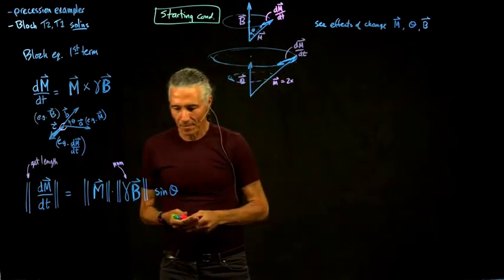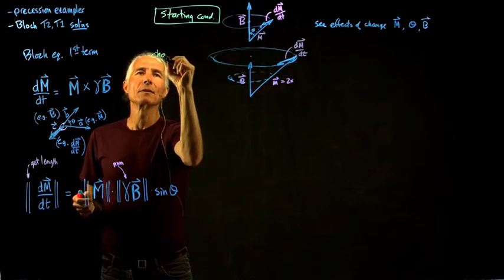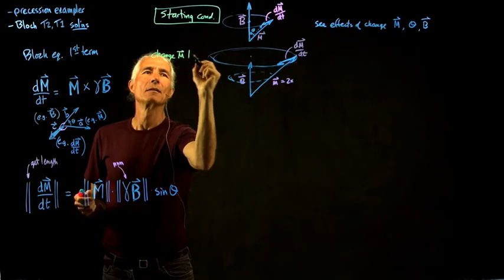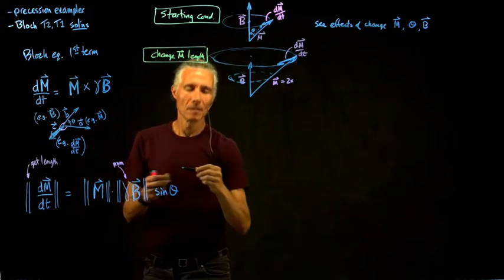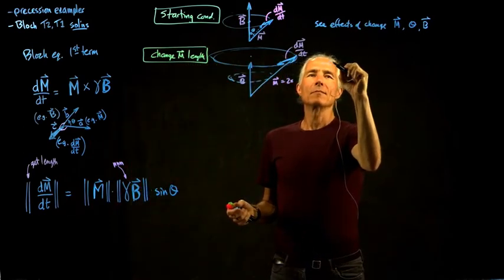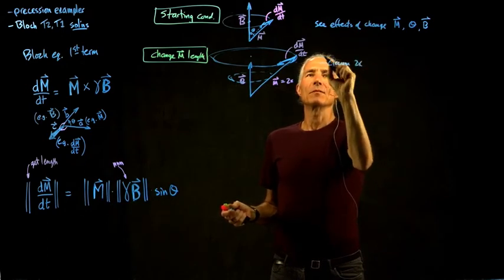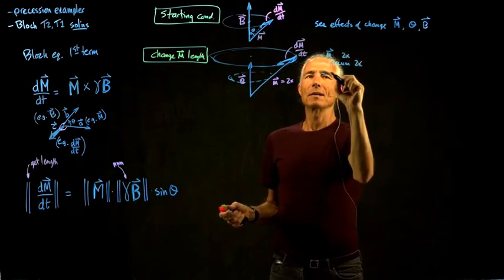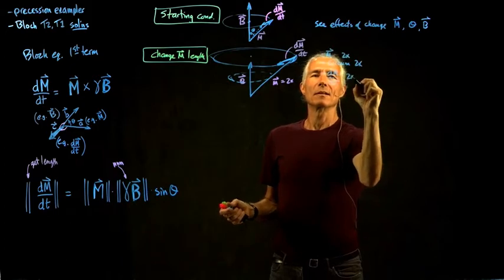So basically when we change m length, m 2 times, circumference 2 times, dm dt 2 times.